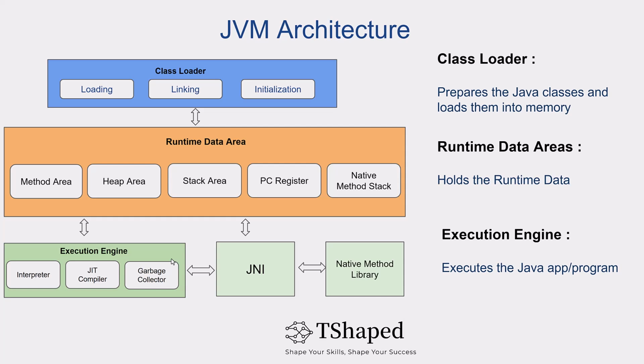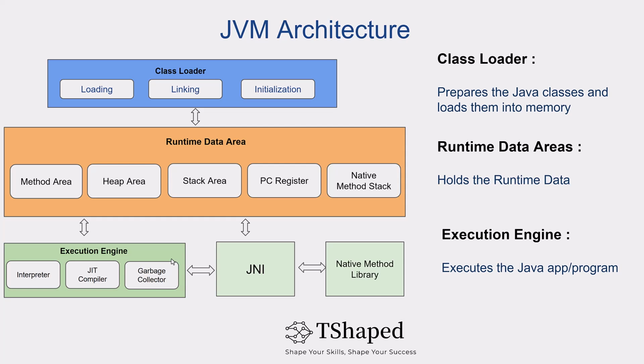And by using the runtime data area, it will keep all the components of the code which you have written in different areas: the method area, heap area and stack area. Then using the execution engine, with the help of the interpreter and the just-in-time compiler, the JVM converts this bytecode into machine-understandable format, which will be given to the underlying platform, which will take care of the execution here.